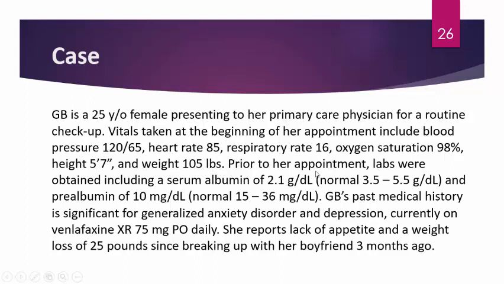Prior to her appointment, her labs included serum albumin of 2.1 and prealbumin of 10. Normal is 15 to 36 for the prealbumin, and 3.5 to 5.5 for serum albumin. Her past medical history is significant for GAD and depression, currently on venlafaxine. She reports lack of appetite and a weight loss of 25 pounds since breaking up with her boyfriend 3 months ago.